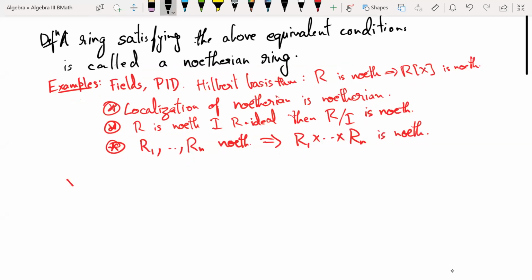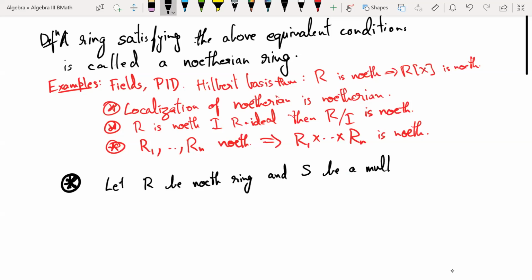Let R be a Noetherian ring, and S be a multiplicative subset of R. Then we want to show that S inverse R is Noetherian.